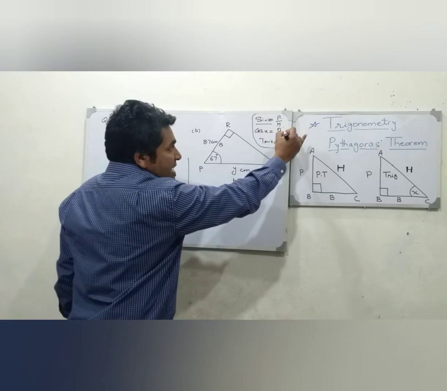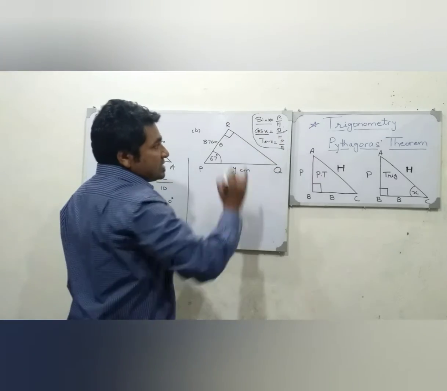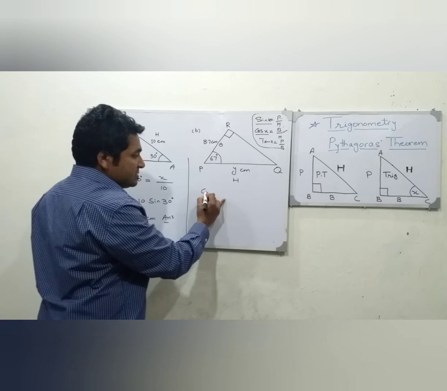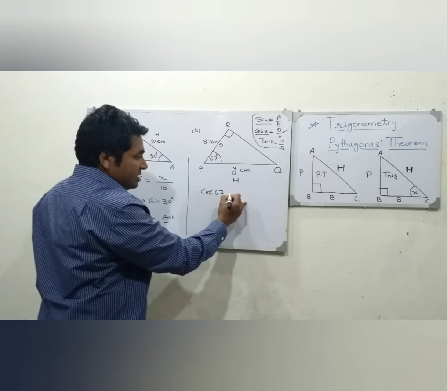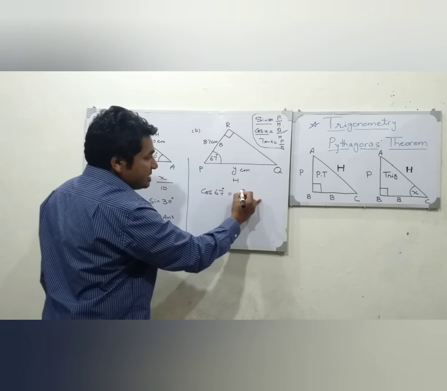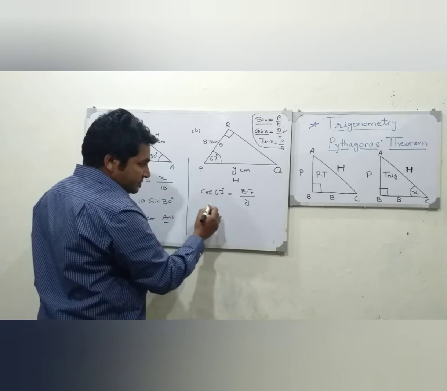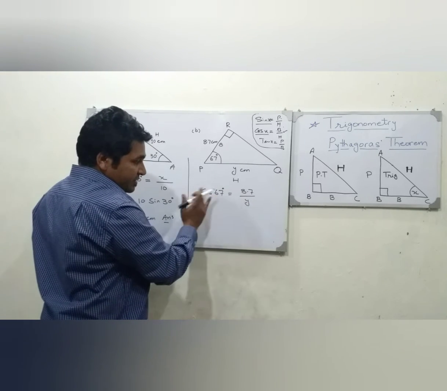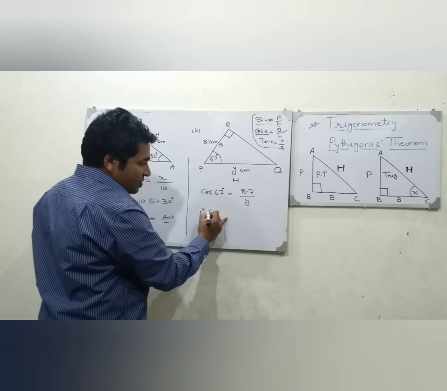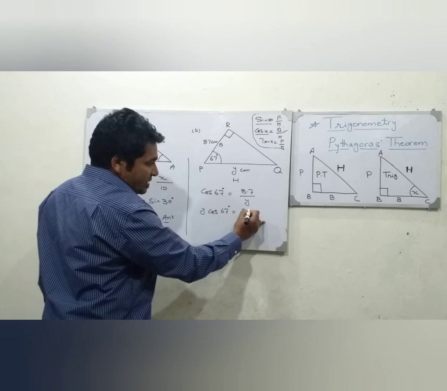So the cosine ratio, because it is base over hypotenuse, is the one we will be using. So we write here cos 67 is equal to base over hypotenuse, so it is 8.7 over y. Now change the side. First we take y to this side, and it becomes y cos 67 degrees equals 8.7.